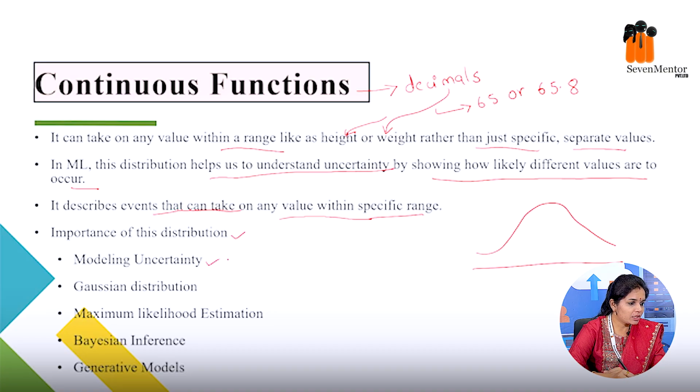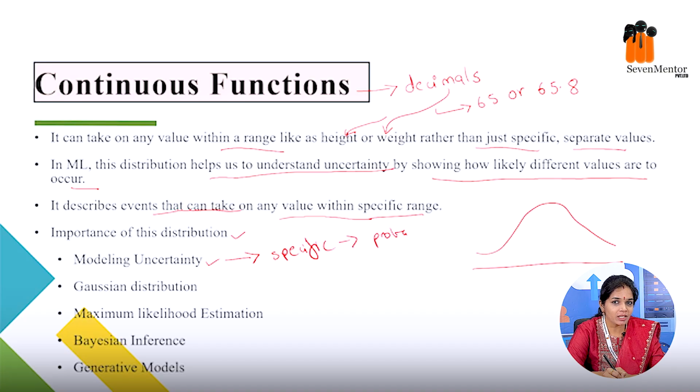The importance of distribution: modeling uncertainty. Instead of giving specific values, it gives the probability. Probabilities are in decimals, right? 0.6, 0.4, etc. It uses Gaussian distribution.